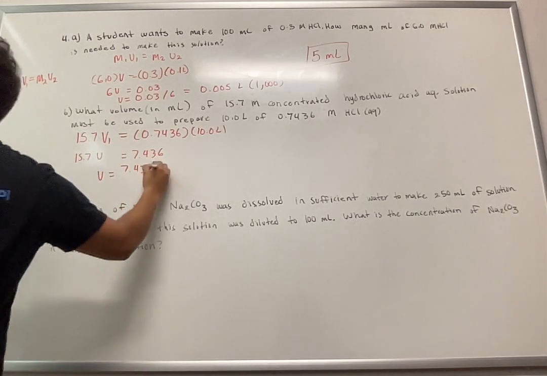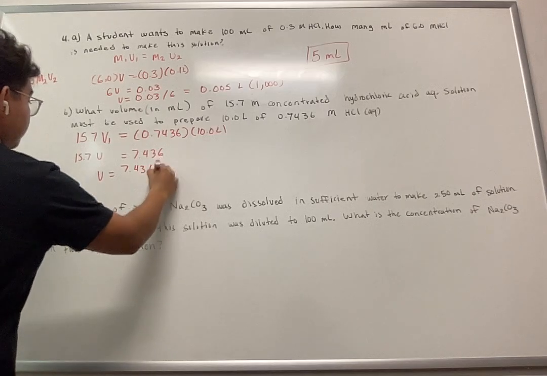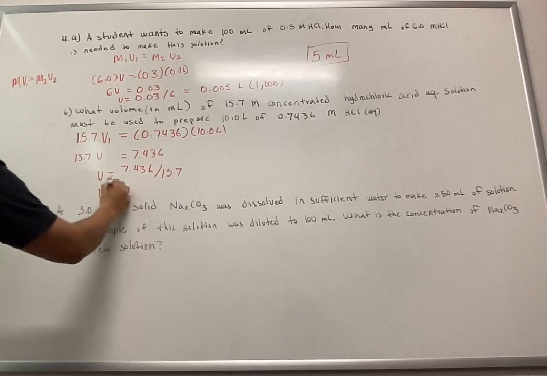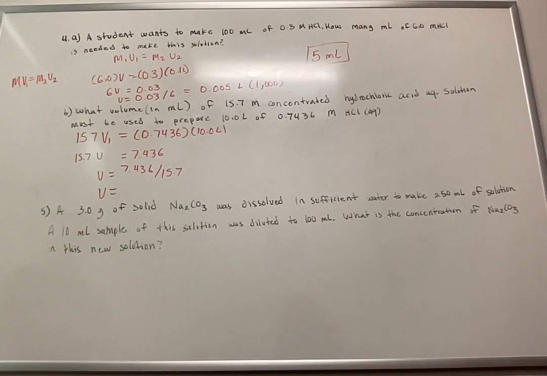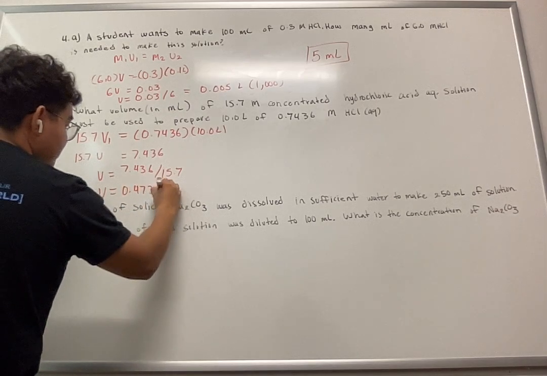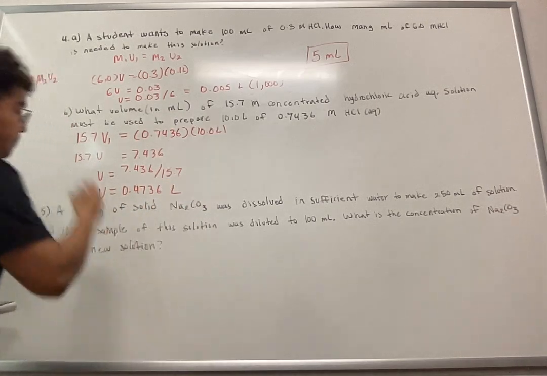So we get V is equal to 7.436 divided by 15.7, which should give you 0.4736. Remember, these are in liters: 0.4736 liters.